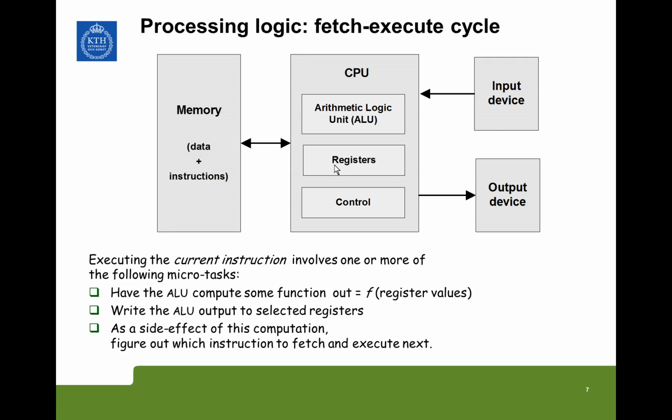And as a side effect of this calculation, figure out what the next instruction is. Then fetch the next instruction from the memory. So this is the computer and the execution logic that we will implement.